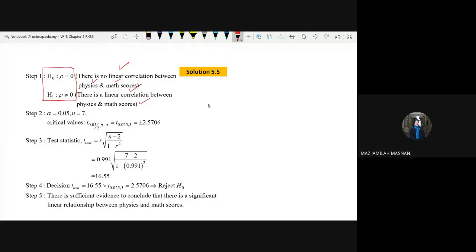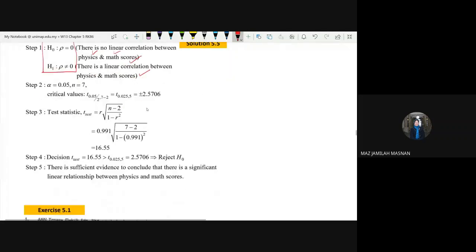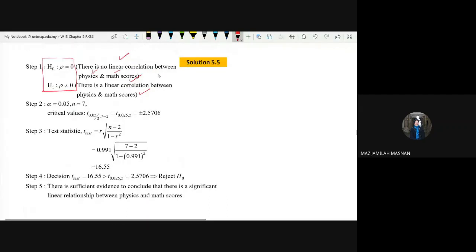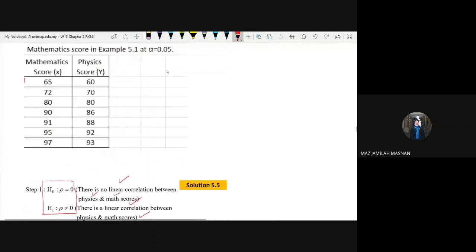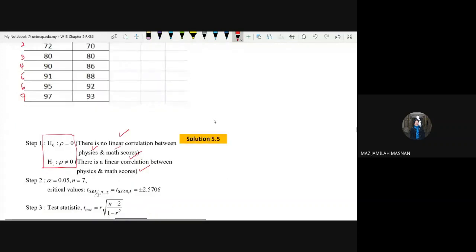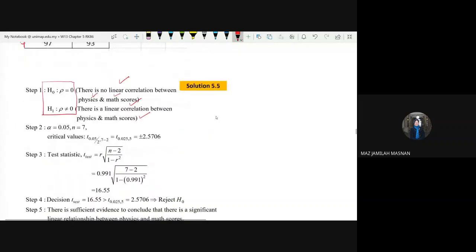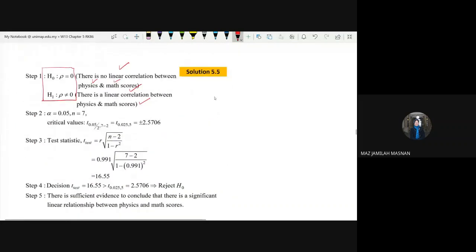Now, second step, as usual, the critical value. Since we have our n, how many? 1, 2, 3, 4, 5, 6, 7. Since we are dealing with what we assume to be normal data, and our n is less than 30, we are going to use t alpha over 2, n minus 2 as our critical value.